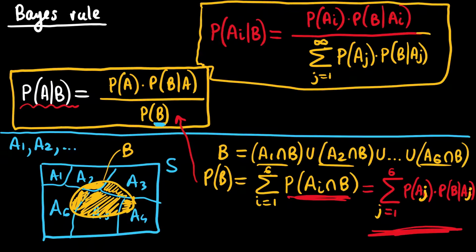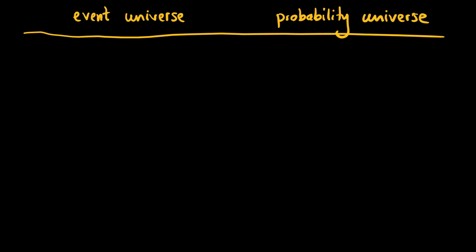Now let's talk about independence. So if we think about it, there's basically like an event universe, and there's a probability universe. So we're thinking a little more artistically about it now. Okay, so there are these two universes.